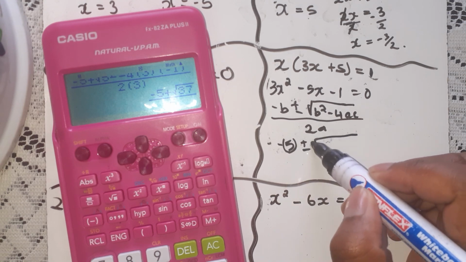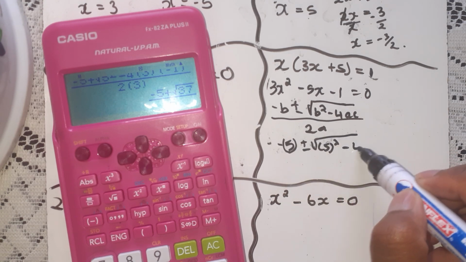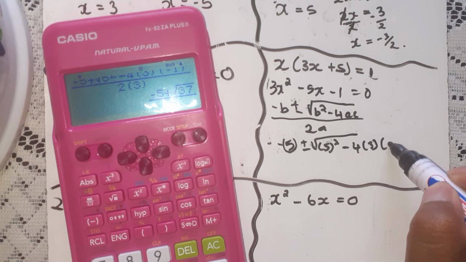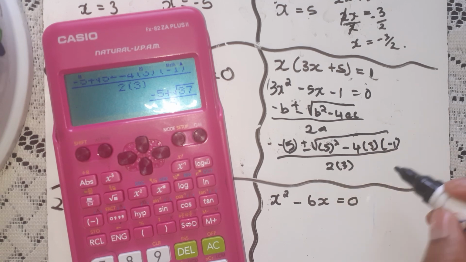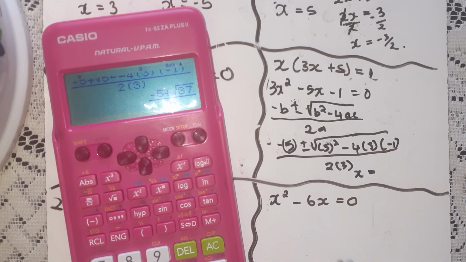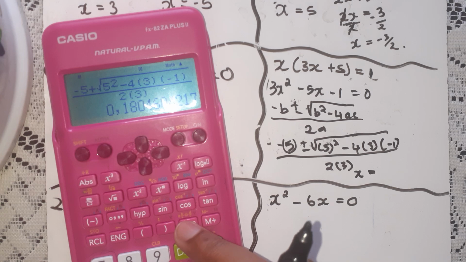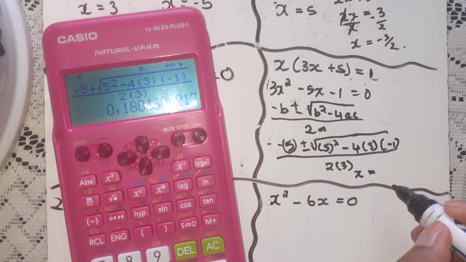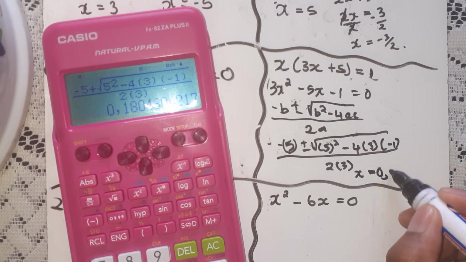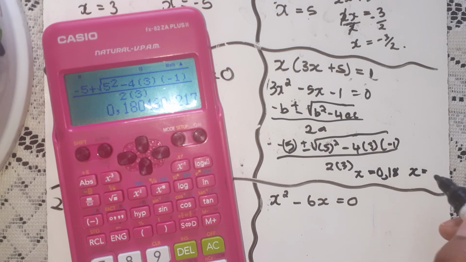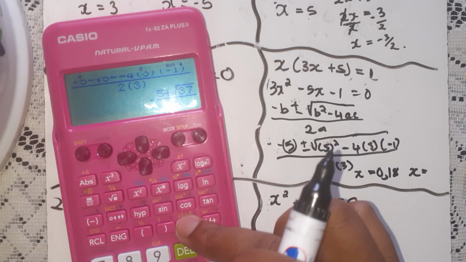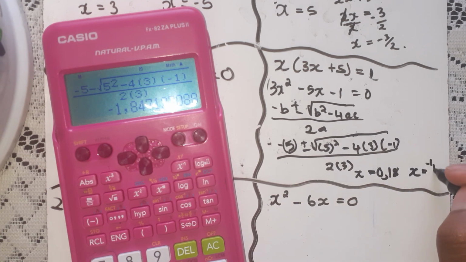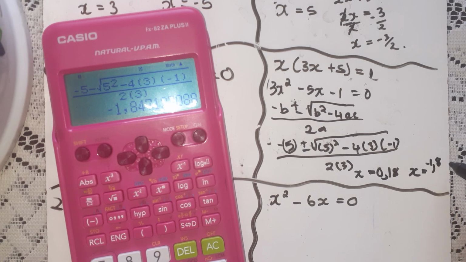plus or minus 5 squared minus 4 into 3 into negative 1, over 2 into 3. Okay, so here we're just going to press this button, and then you will get x equals 1.85, and x equals, when you subtract here, you will see that x equals negative 0.18.